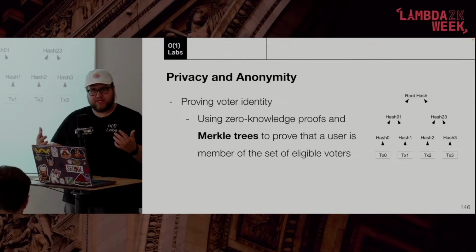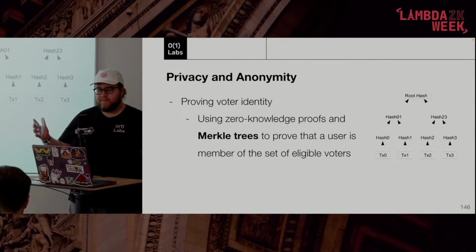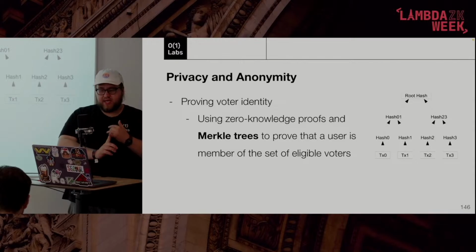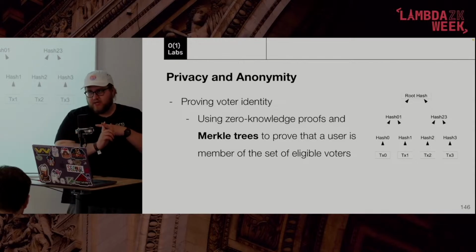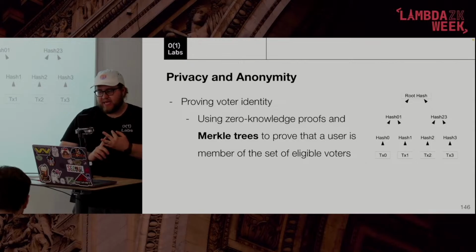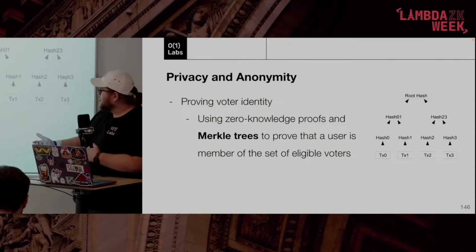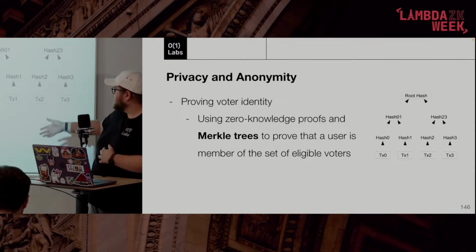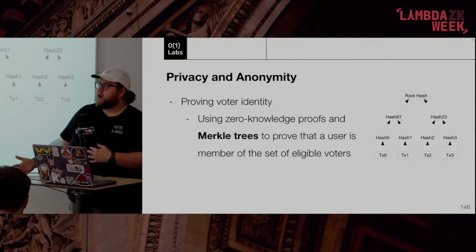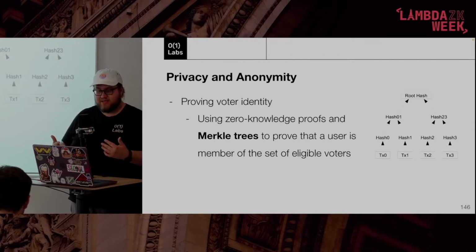So we would have to specify a set of voters, depending on maybe their voting weight, if they hold an NFT, or some other identity-based requirement. Then the user can, within a zero-knowledge proof, prove that they are part of that Merkle tree without revealing which entry they are, who they are.